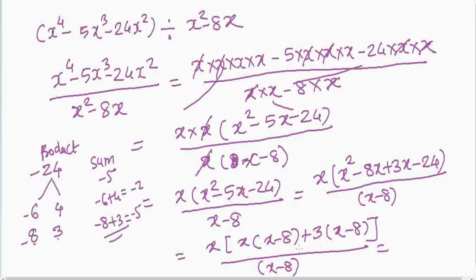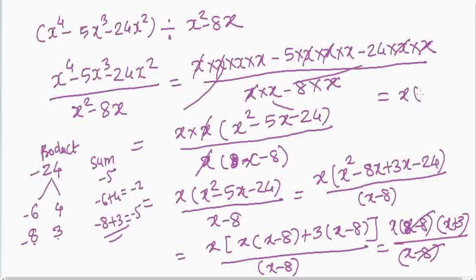Taking x minus 8 common, so x plus 3 into x minus 8, divided by x minus 8. The x minus 8 and x minus 8 will cancel, and we remain with x into x plus 3. So this is the answer of the division: x into x plus 3.